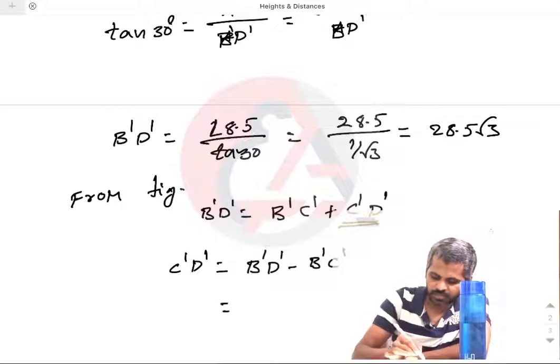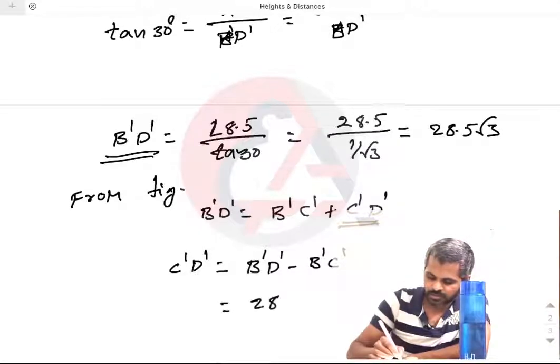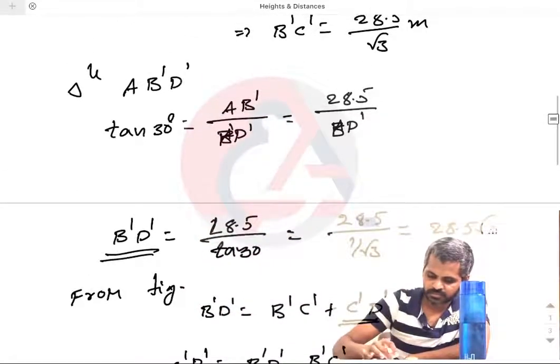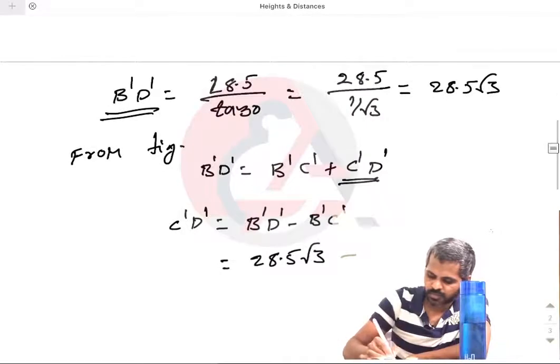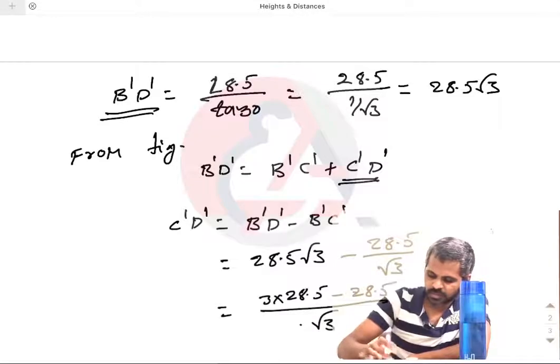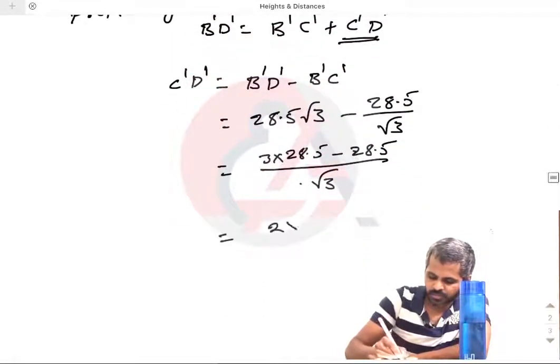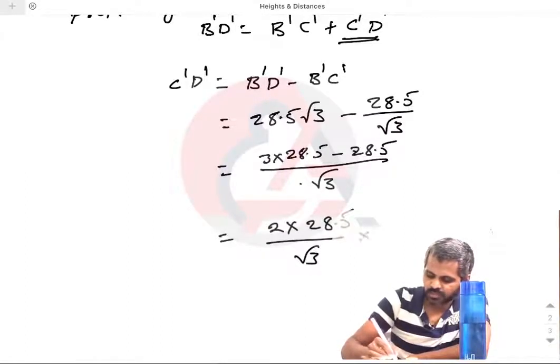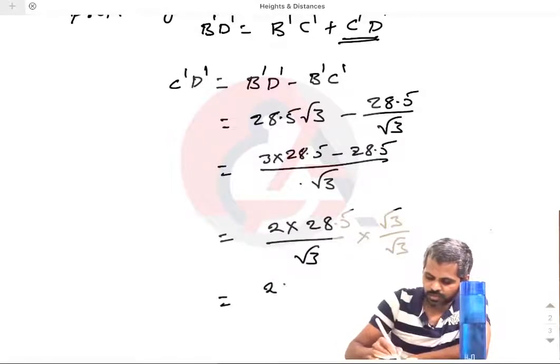What is the B dash D dash value? 28.5 root 3 minus the B dash C dash value, which is 28.5 by root 3. If I take the LCM, root 3 is the LCM, so 3 into 28.5 minus 28.5. This can be written as 2 into 28.5 by root 3. If I rationalize, that means multiplying both the numerator and denominator by root 3, I will get 2 into 28.5 into root 3 by 3.